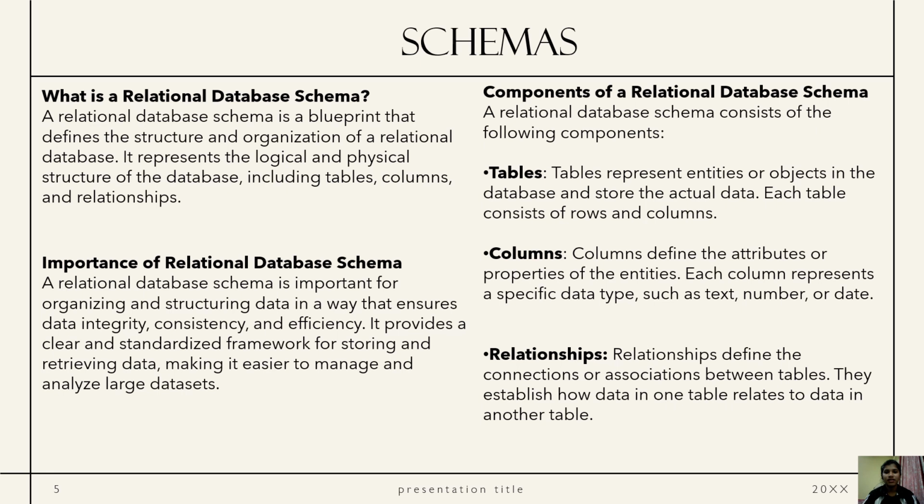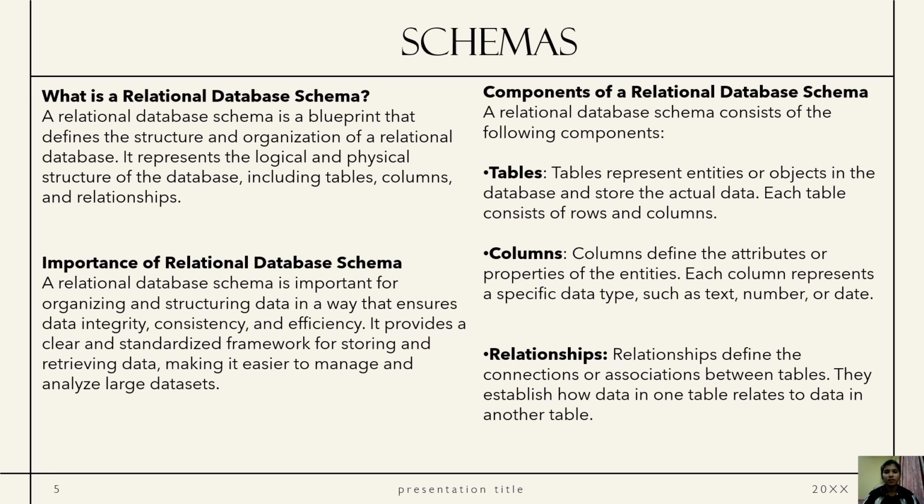As the relational database schema is a structure, we have different components in it: tables, columns, and relations. Tables are used to represent the entities. Each table consists of rows and columns.